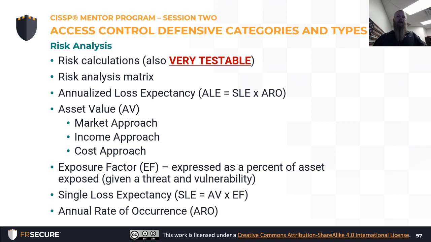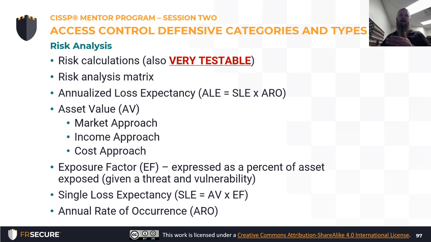Exposure factor is usually a percentage of the asset's value that's exposed to any specific event. The single loss expectancy would be the asset value itself, $100,000, and say 80% of my asset is exposed. That gives you a single loss expectancy of $80,000. If you put that back up into the annual loss expectancy equation, $80,000, if I expect it to happen 3 times a year, that's $240,000 in annual loss expectancy.